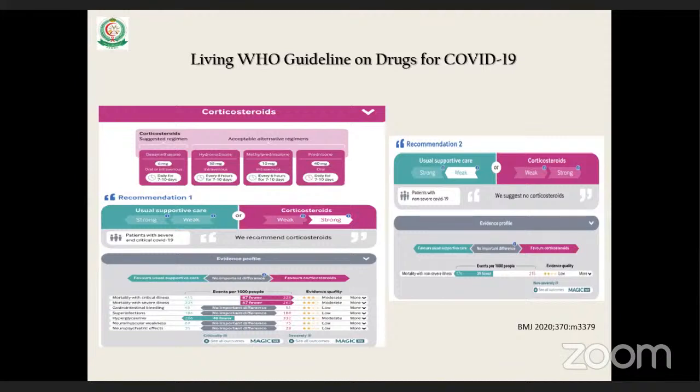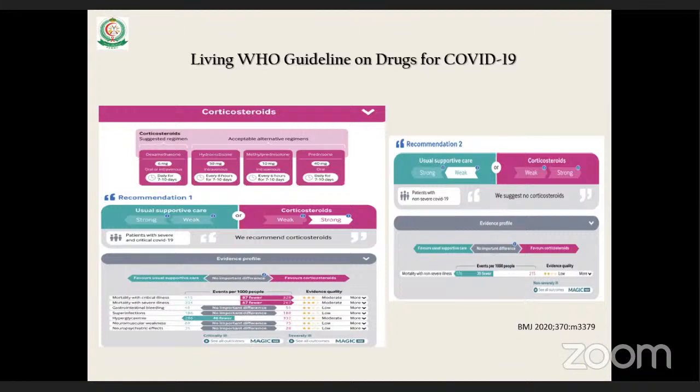Why? Because it was found that it reduced mortality, it reduced also the need of mechanical ventilation, and for those who are ventilated, it reduces the duration of mechanical ventilation, and the other also important outcomes.